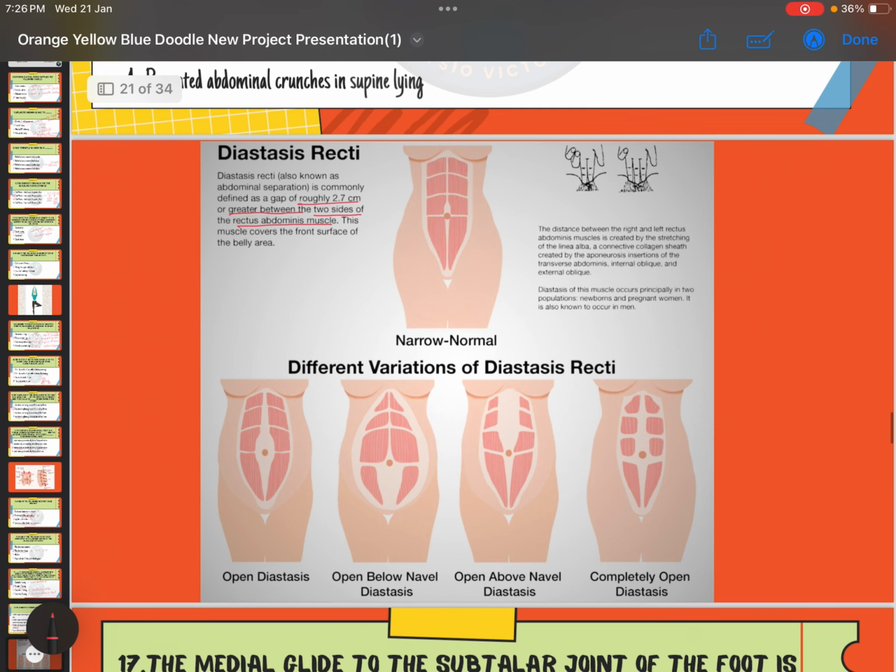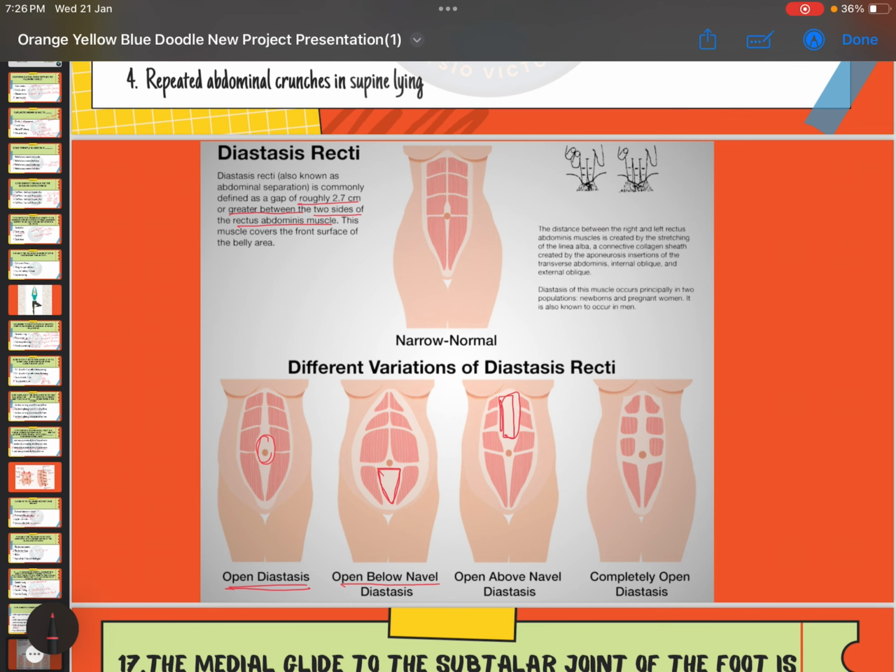These are the different variations in diastasis recti. This is open diastasis, only the navel area. Open below navel diastasis is below navel. This is above navel. This is completely open diastasis recti.